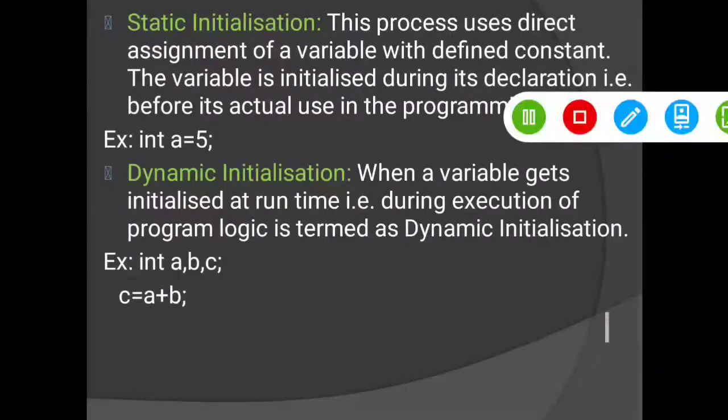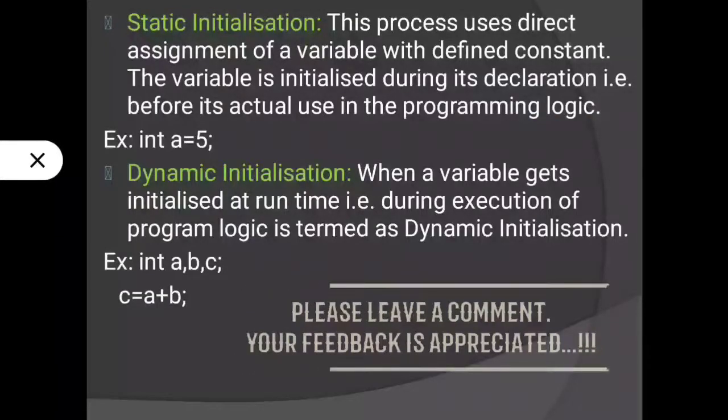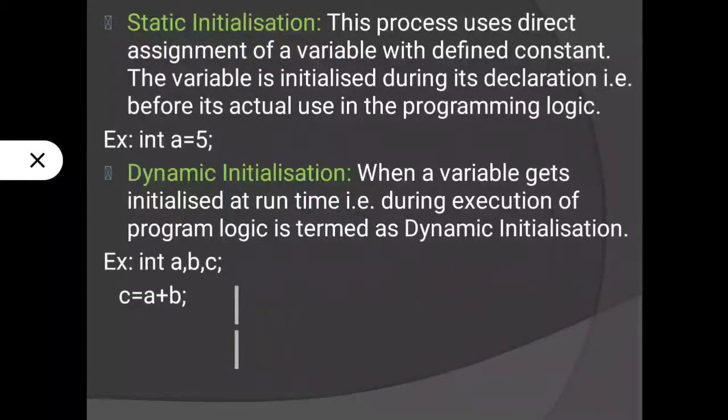Means when we declare a variable, if at that time we initialize a value for that variable, that initialization is called static initialization. For example, int a equal to 5. Like this, initialization is called static initialization.